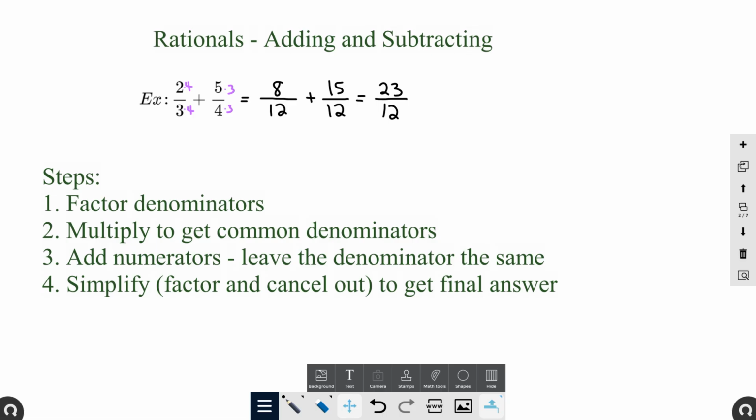So our first step, though, if we have polynomials, is to factor our denominators out. So write down these 4 steps.